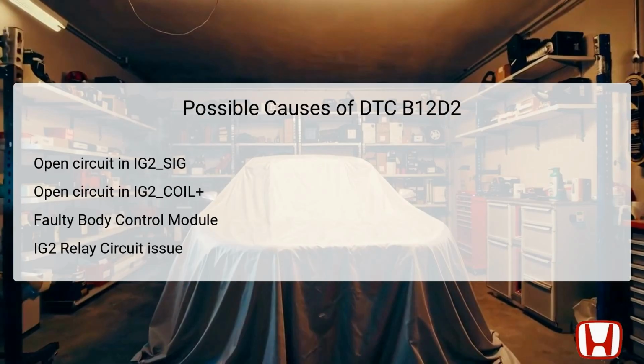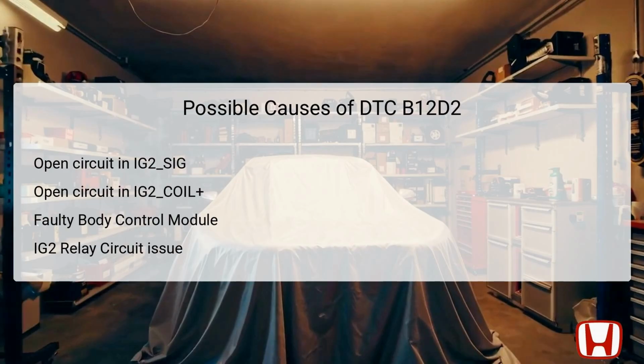Several issues can lead to the DTC B12D2, including open circuits or shorts within the IG2 circuit. An open circuit in the IG2 SIG connector can disrupt the communication necessary for proper functioning, while an open circuit in IG2 Coil Plus fails to deliver power efficiently.